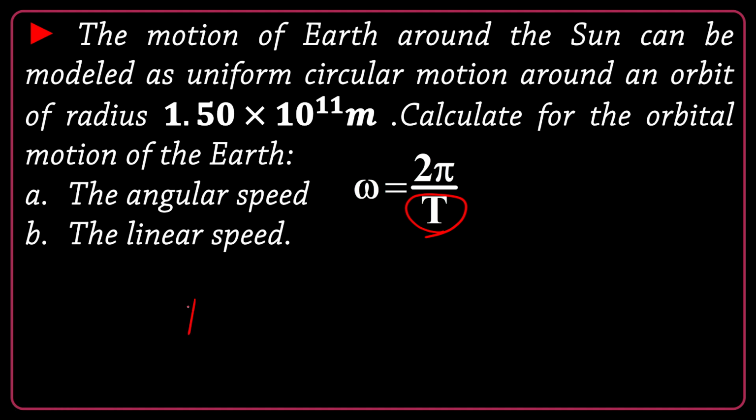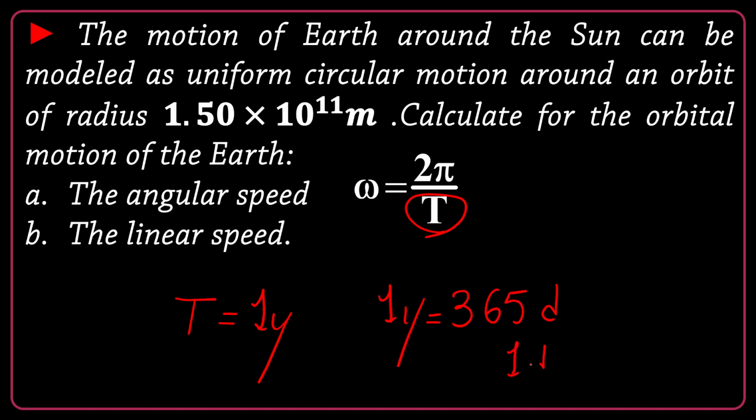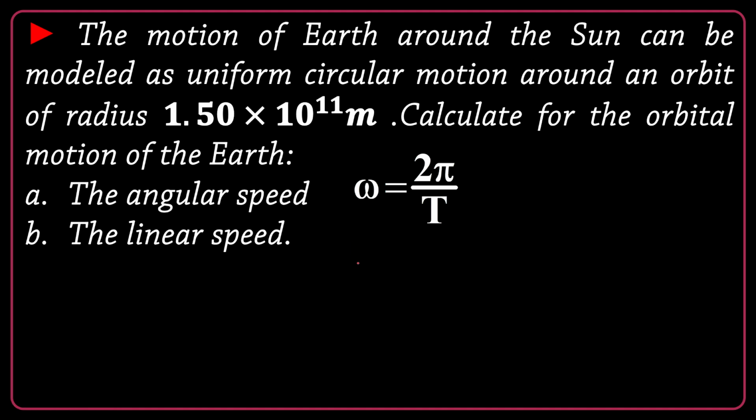You know, orbital motion of the Earth around the Sun takes 1 year. And 1 year is going to be 365 days, and each day is going to be 24 hours, and each hour is going to be 3,600 seconds. Why am I doing that? Because the denominator must be in SI units. So let's do it.